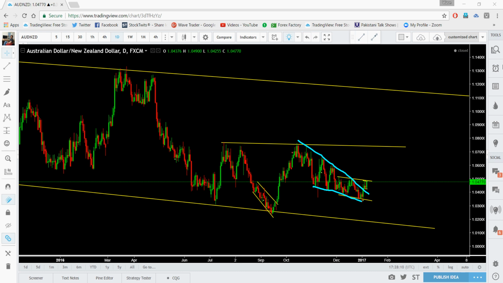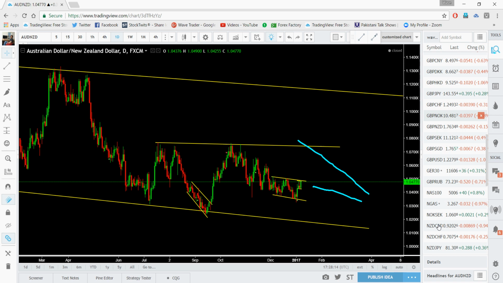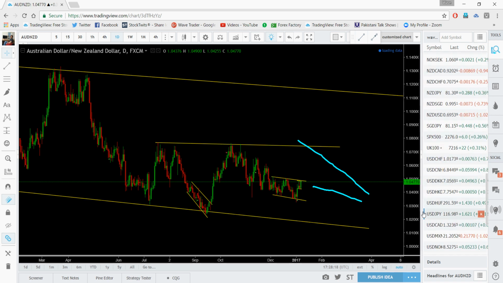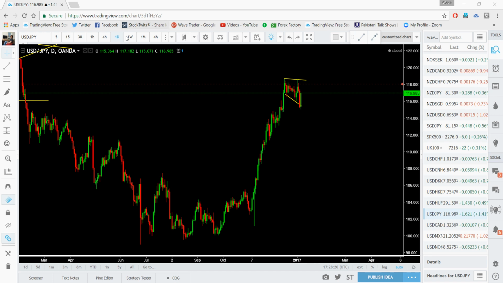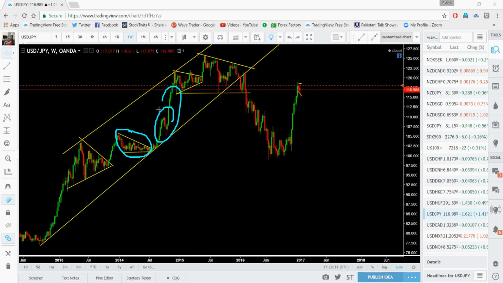I showed you on USD yen, if you remember this. Yeah. Okay, so we can see price forming a falling wedge, this wedge. Yeah, so the next move is going to be something like this, an aggressive move.